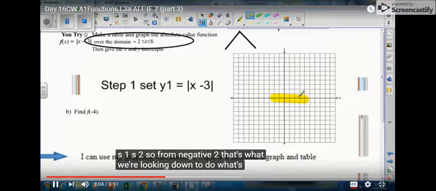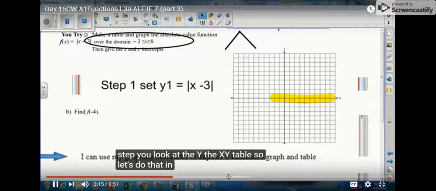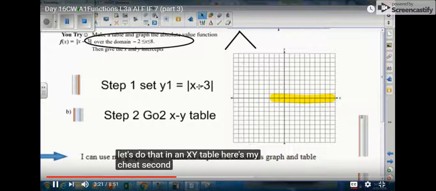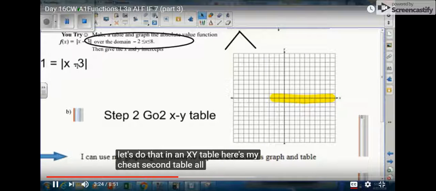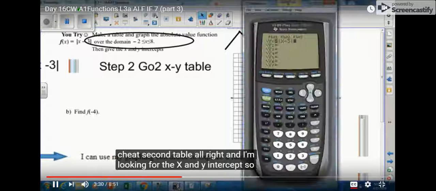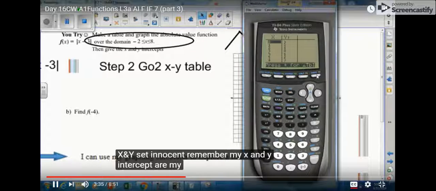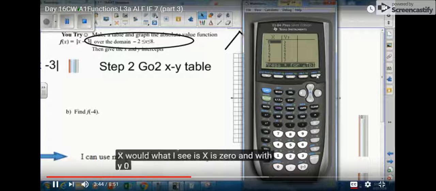All right, what's the next step? We have to look at the XY table. So let's do that. Bring the XY table up. Here's my cheat: second, table. I'm looking for the X and Y intercepts. Remember, my X and Y intercepts are my values when X is 0 and when Y is 0.